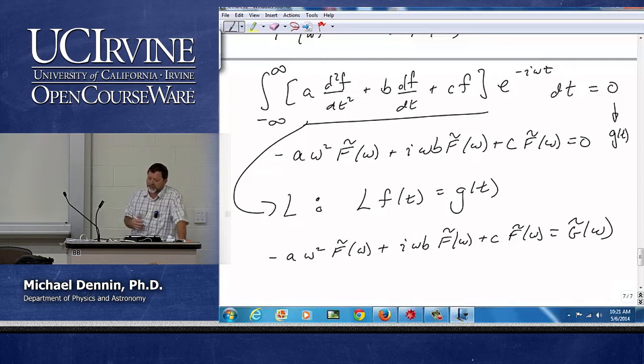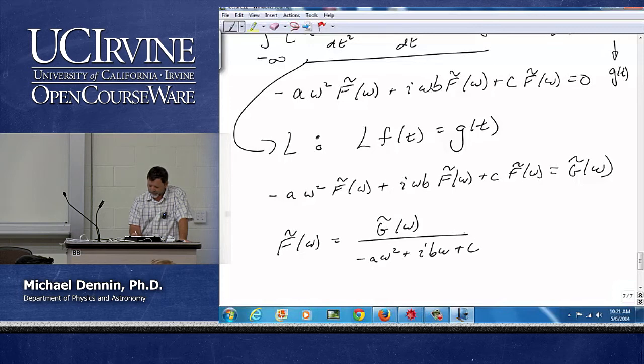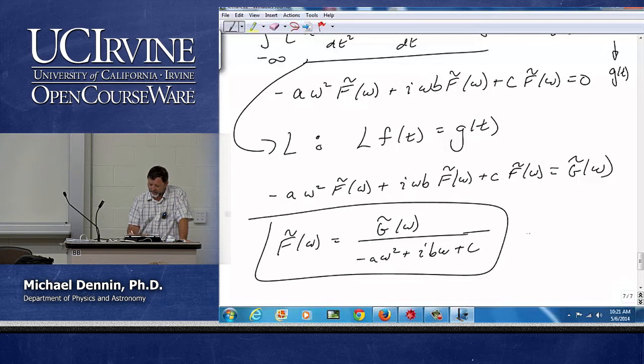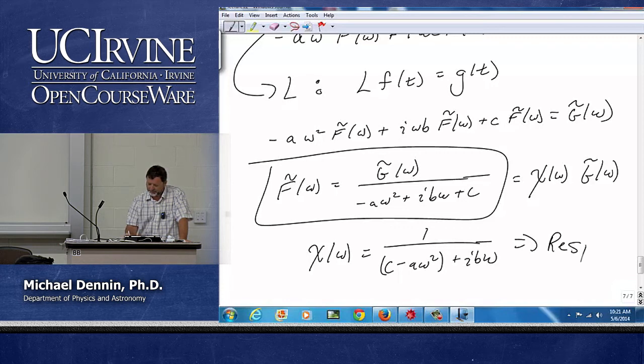And what that's done for me is I've turned my differential equation into an algebraic equation, and I now know the solution in Fourier space is this. And I can write it as a chi of omega times g tilde of omega, where chi of omega in this case is 1 over c minus a omega squared plus i b omega, and we call that the response function.